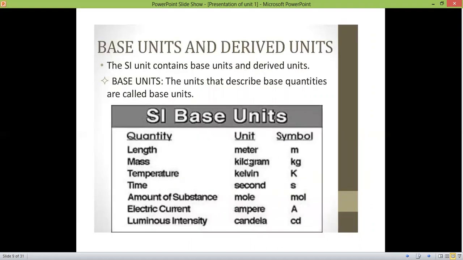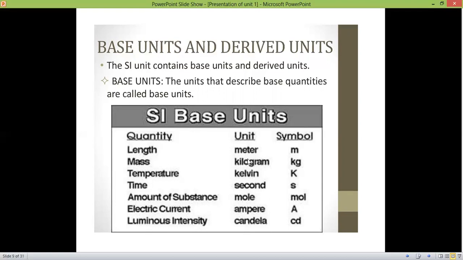There are 7 base quantities and their units are said to be the base units, and the units of derived quantities are said to be derived units. So the SI unit of length is meter, represented by the symbol small m. SI unit of mass is kilogram, represented by the symbol kg.